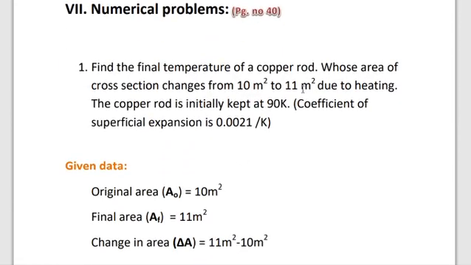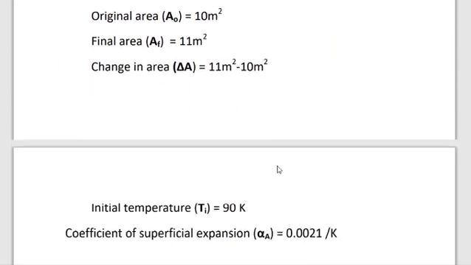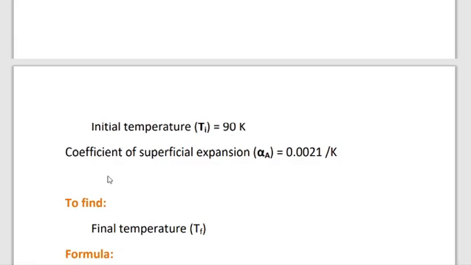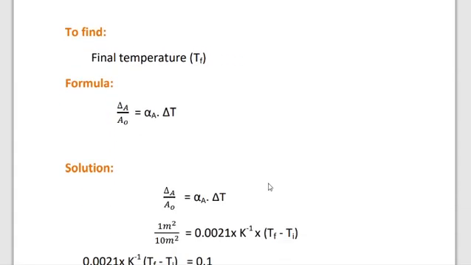So the initial temperature given in the sum is Ti equal to 90 Kelvin. Then another given data, the coefficient of superficial expansion alpha A is equal to 0.0021 per Kelvin. So the final temperature TF of the copper rod is asked.